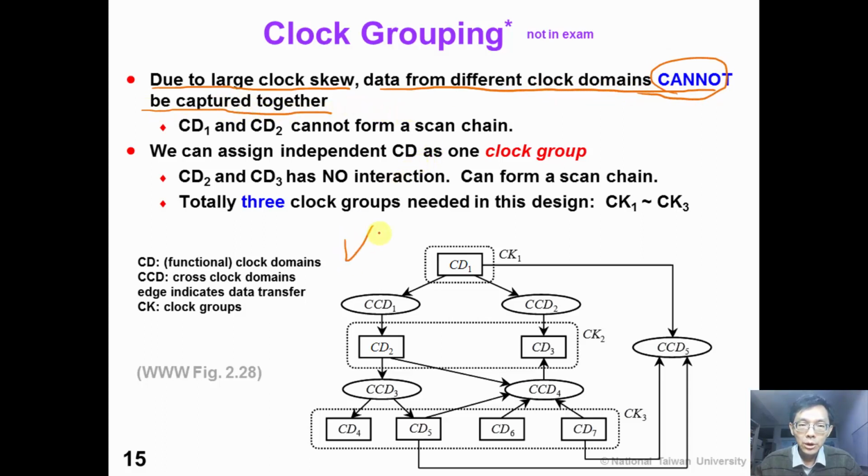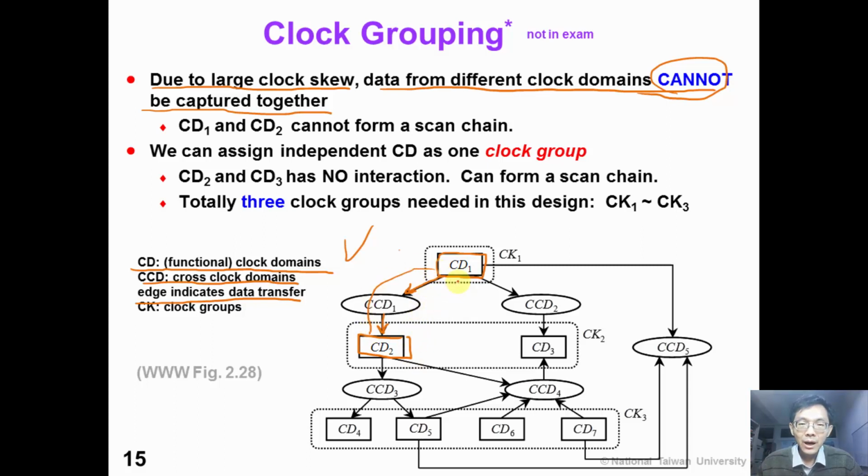This figure shows a graph of a design which has 7 functional clock domains, CD1 to CD7. An edge indicates data transfer across different clock domains. For example, we have data transfer from CD1 to CD2.